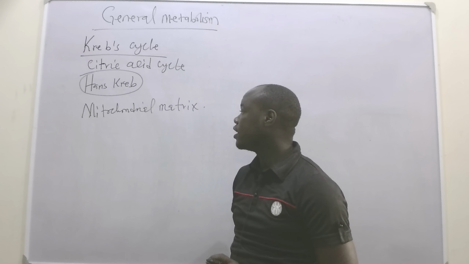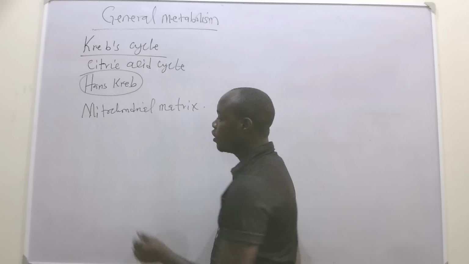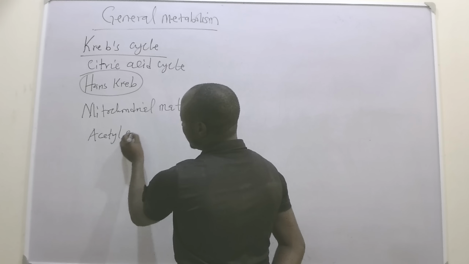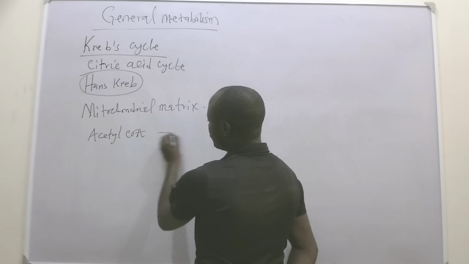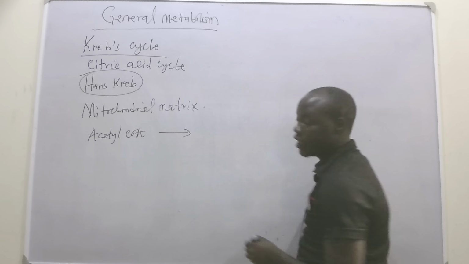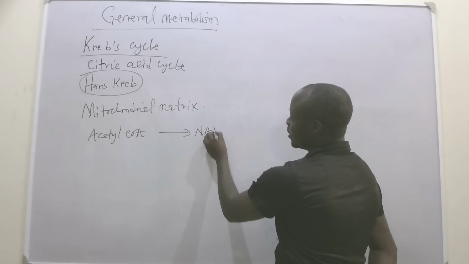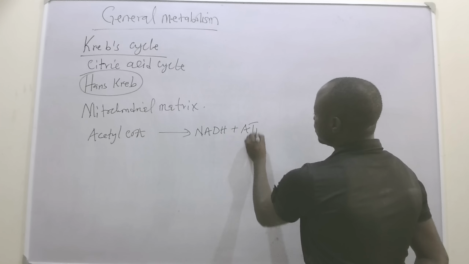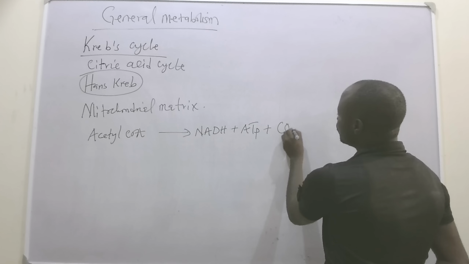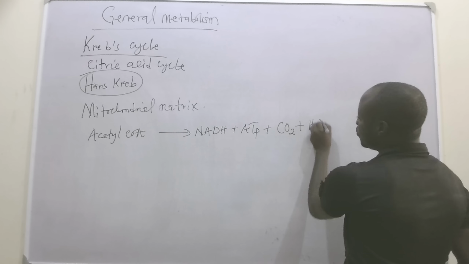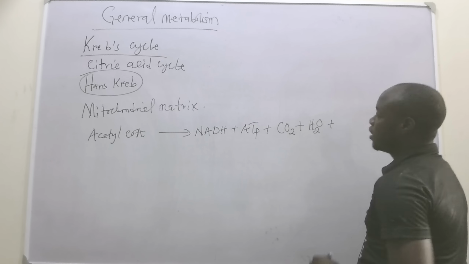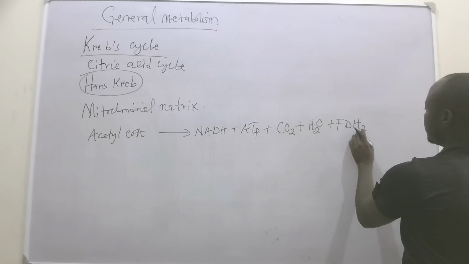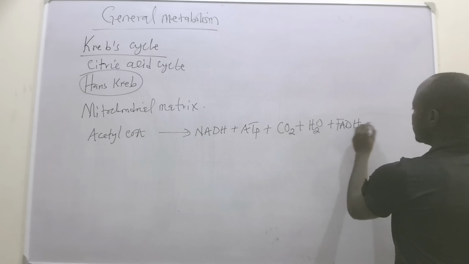So then, very importantly, what do we generate at the end of the citric acid cycle? The citric acid cycle, as I said, is a series of reactions where acetyl-CoA is converted to generate NADH, ATP, CO2, water, and FADH2.